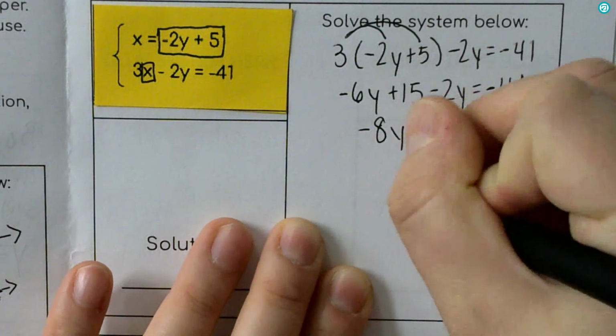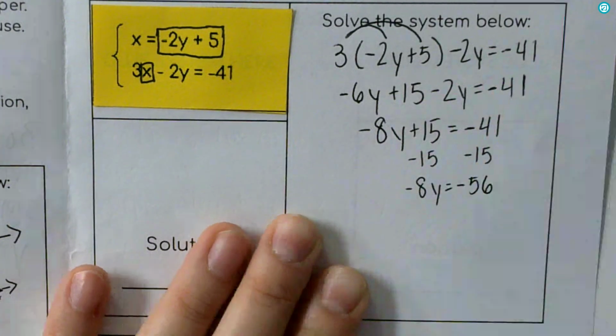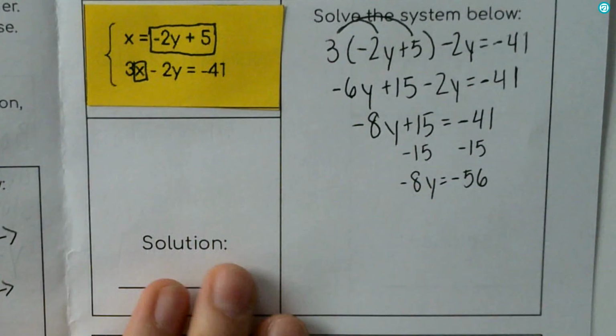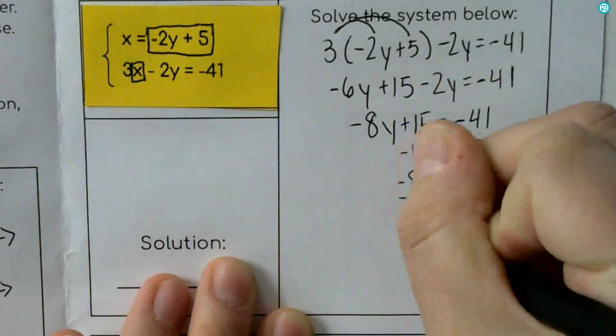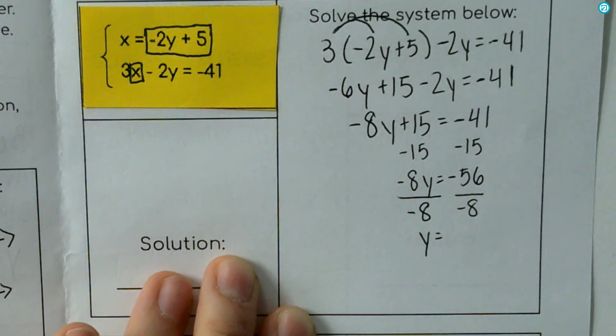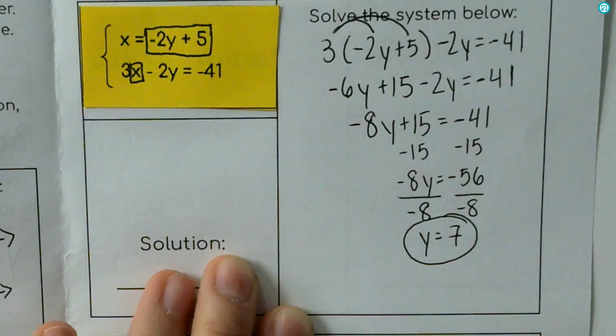I get negative 8y equals negative 56. And then we divide both sides by negative 8. And we get y equals, 56 is 7 times 8, I have to say that to remember it. So negative 56 divided by negative 8 is positive 7. So we get y equals positive 7.